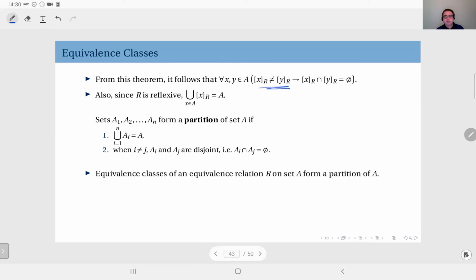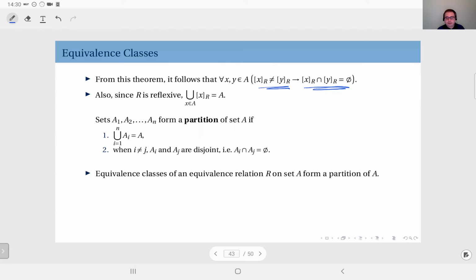when the equivalence classes of two elements, X and Y, are not the same, this means they have to be entirely disjoint. Okay? They cannot have any common elements if X and Y are not related. Because we have shown that if they have at least one common element, then they must be entirely the same sets.